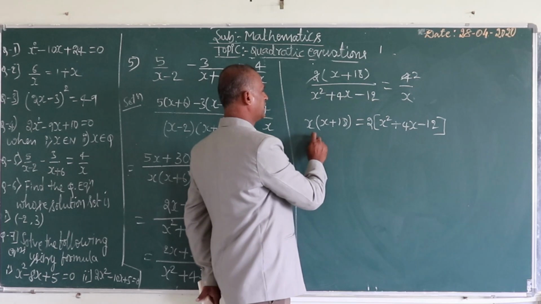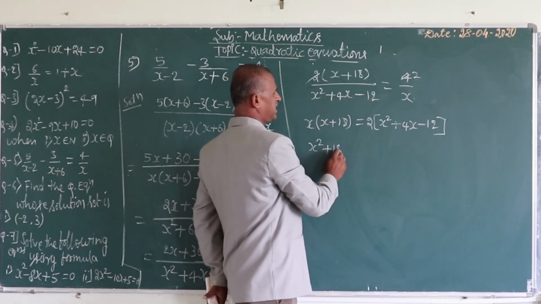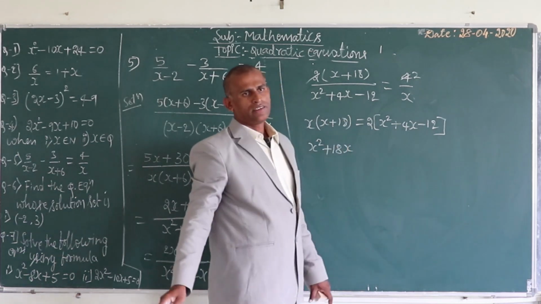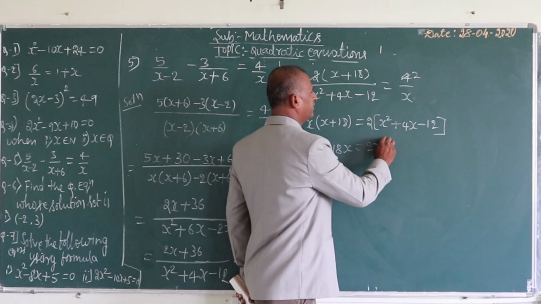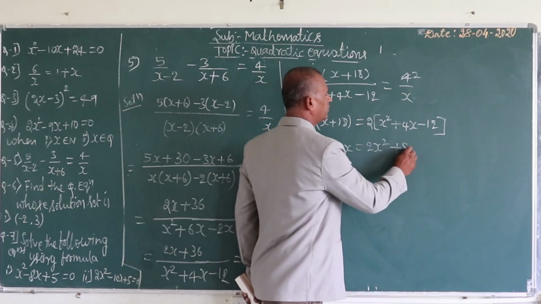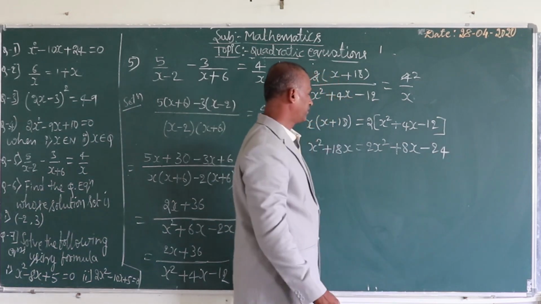Just cross multiplication we did here. X square plus 18x is equal to 2x square plus 8x minus 24.